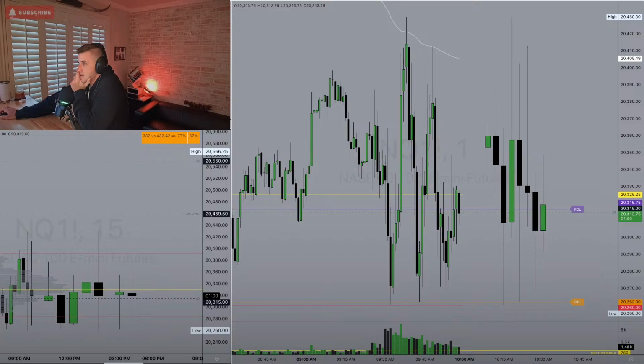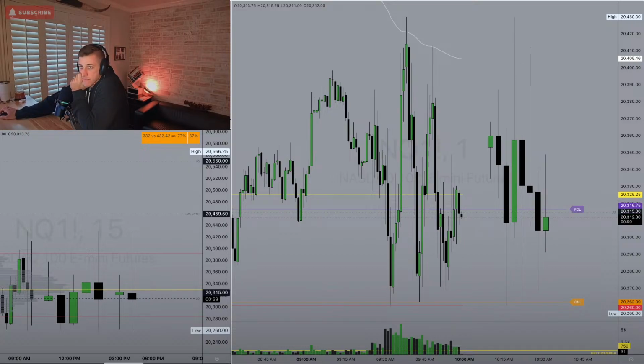All right, the range is getting a little tighter here. Got 10 a.m. here in less than a minute.